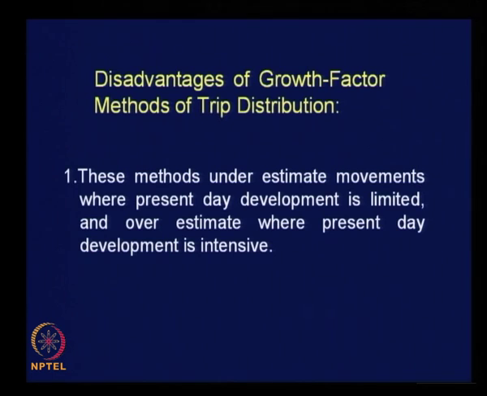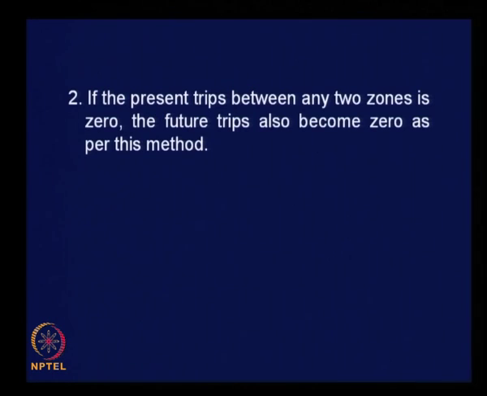The extreme case is this: if the present trips between any two zones is 0, it is possible that trip interchanges between a set of zonal pairs become 0. Between zone 1 and zone 200, which are quite far away, it might be 0 for base year condition.